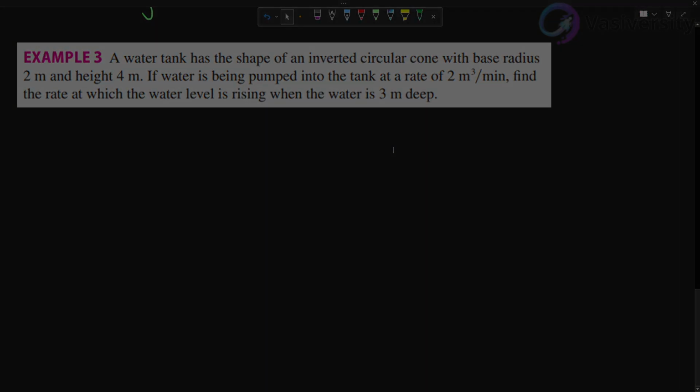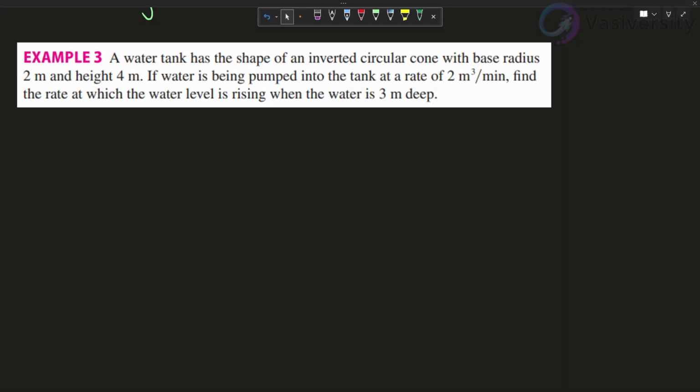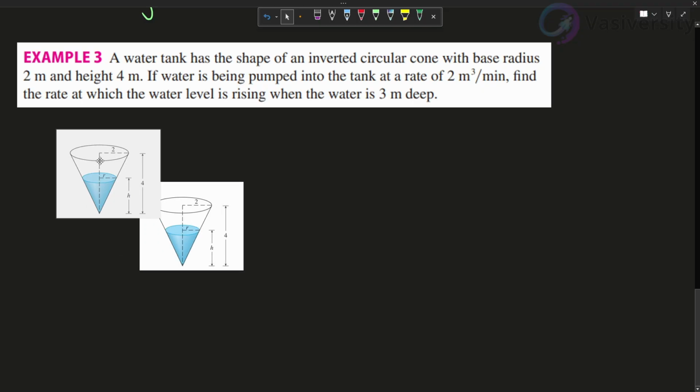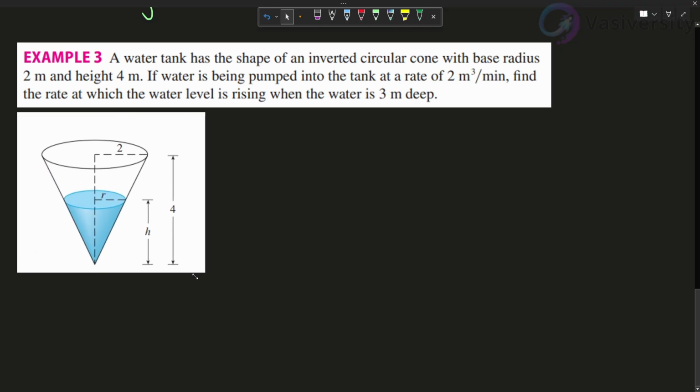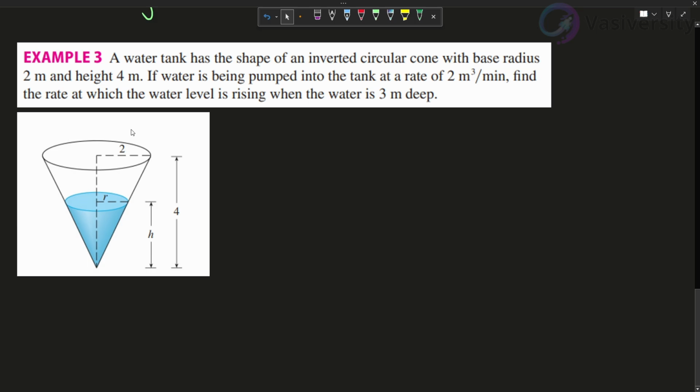Okay, so let's go ahead and take a look at the drawing of such a problem. So it would look like this. So we have a cone, we have the radius. So we know that the volume, dV/dt, has a rate of 2 meters cubed per minute. Okay, what are we trying to find?